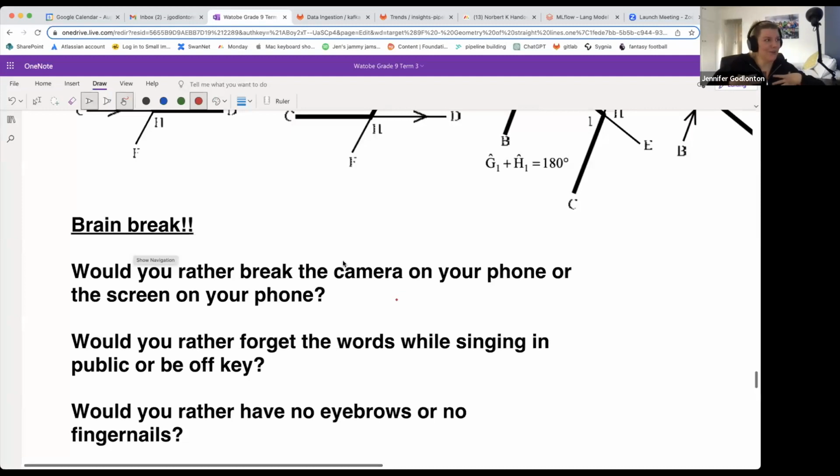Oh my goodness, all of you who are saying you'd rather not have eyebrows, I would way rather not have fingernails. I don't think I'd even notice that they weren't there. I'm with you on that one. I would give up my fingernails in like a second. But guys, I feel like I would look crazy without eyebrows. Yeah, exactly. You could draw new ones.